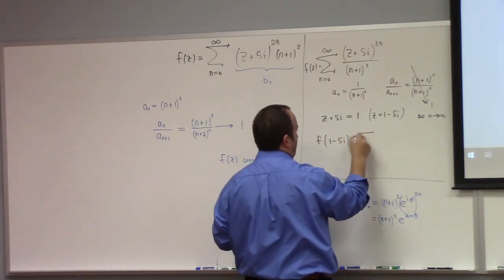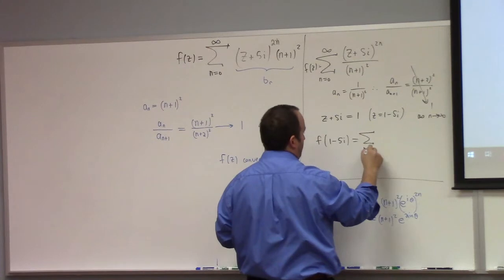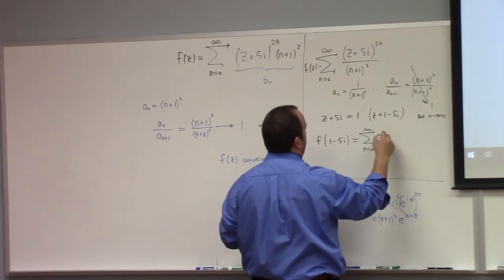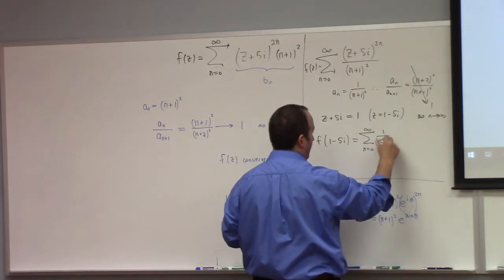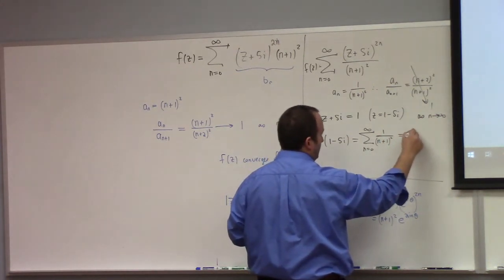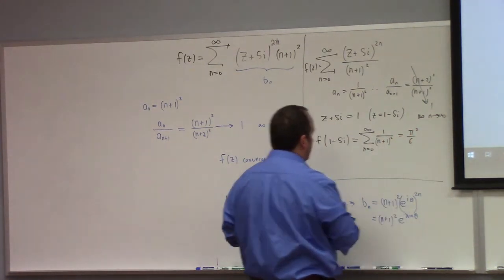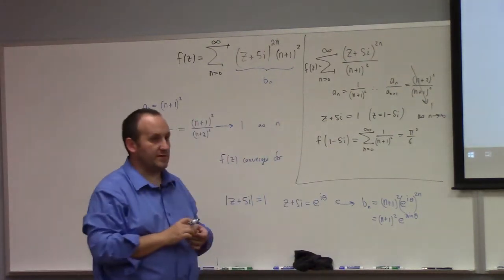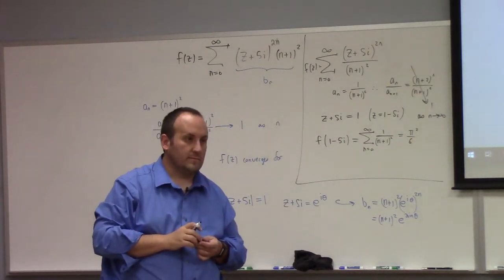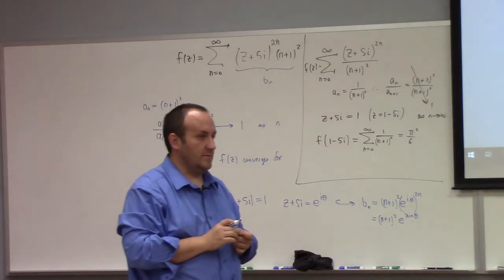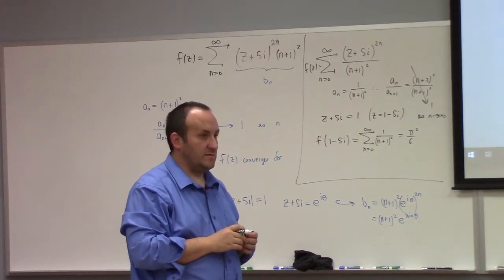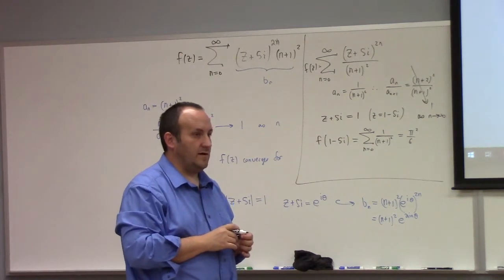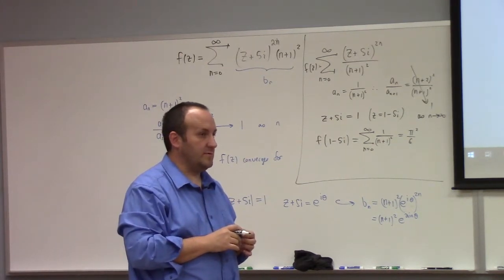Well, that's the sum n equals 0 to infinity of 1 over n plus 1 squared, which is pi squared over 6, because that's the p equals 2 series, which we know converges. So there's one point of convergence. And also, minus 1 works.